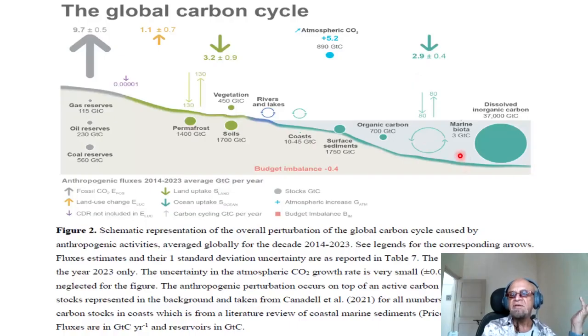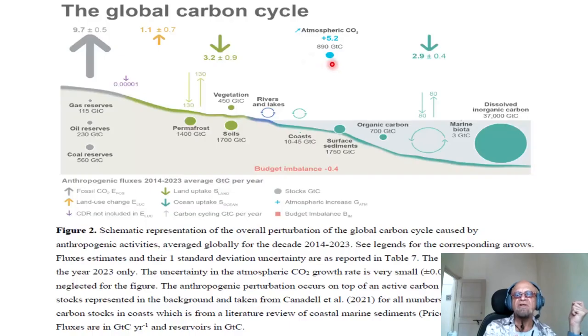Marine biota has about 3 gigaton carbon, and dissolved inorganic carbon in the ocean is the largest pool at 37,000 gigatons carbon. And of course, the atmosphere is seeing a growth rate of plus 5.2 gigaton carbon per year, and the standing stock is now at 890 gigaton of carbon.